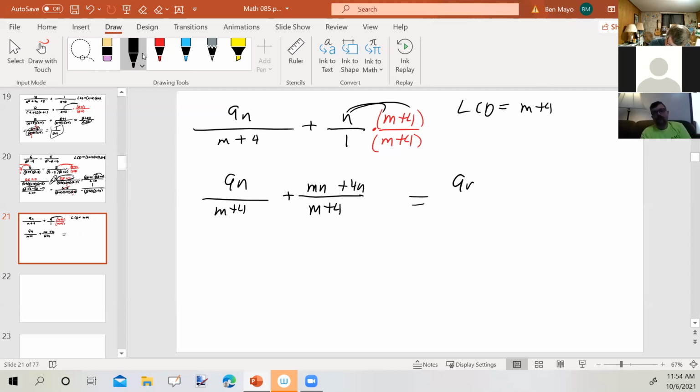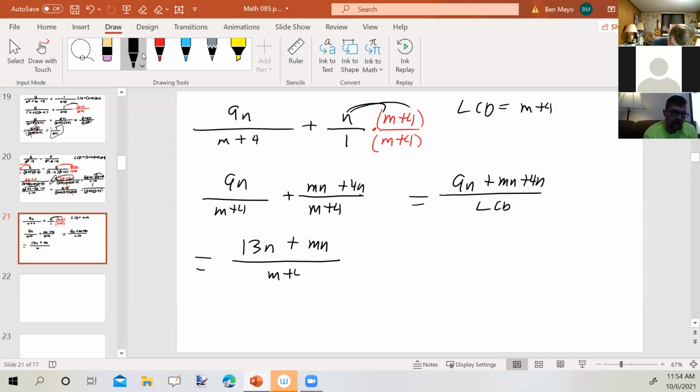So now we've got 9n plus mn plus 4n over the LCD, which is, let's see, 13n plus mn over m plus 4.